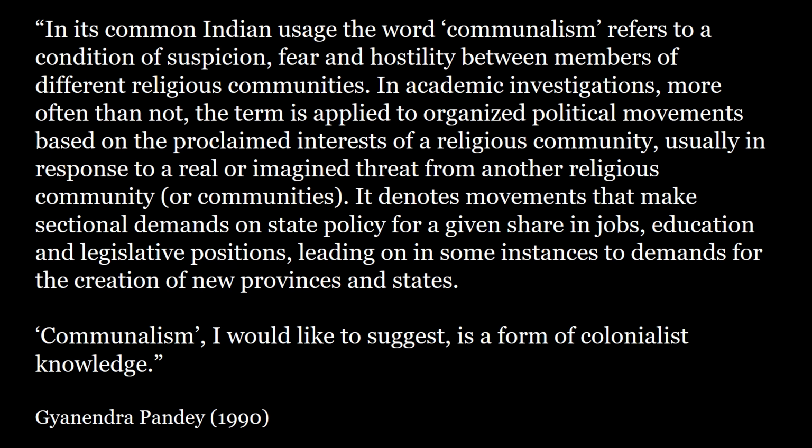So we don't really have an accurate, so-called accurate window into the past to what it might have been like to be a Hindu or a Muslim person in, say, the year 1501. What we have is a colonial record, a record that's been created by the British Empire. And because of that, all of the records that we use have a colonial lens or tint to them. So we need to be aware of that when we read the historical record.